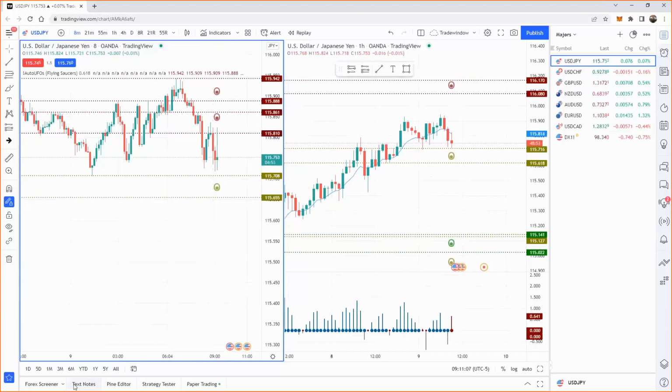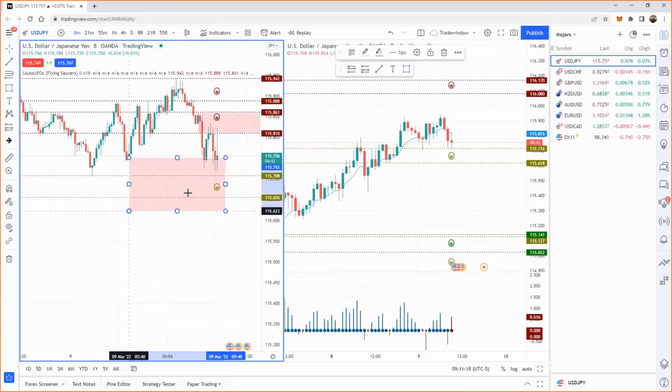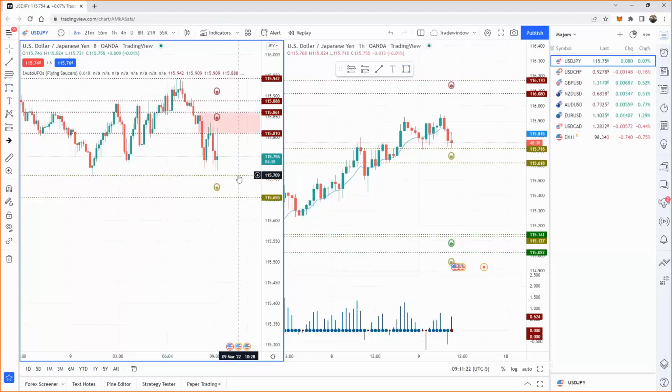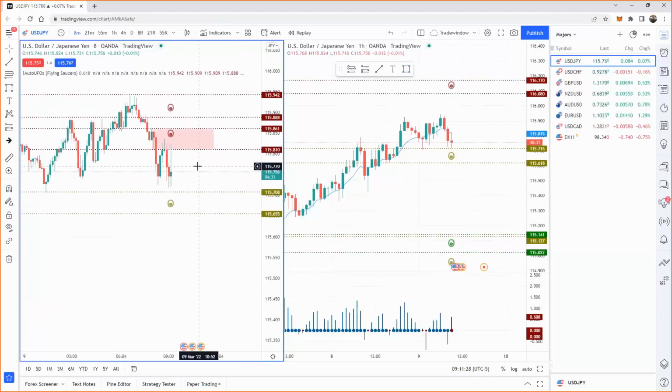This UFO does, in fact, overlap, right? 813 is within this UFO here. So let me just unlock that because I don't need to stay in drawing mode. So this UFO right here corresponds with that moving average. So that means we do have a potential entry.